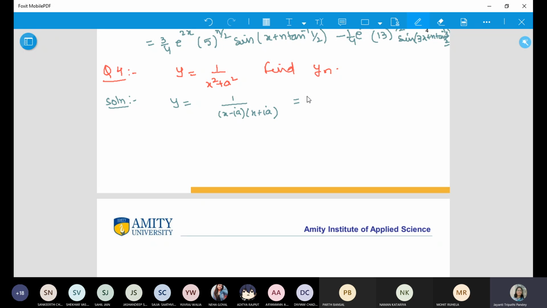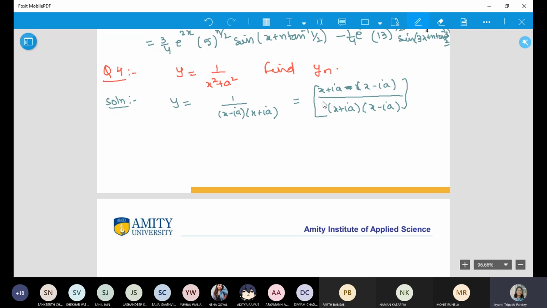So what can I do? See, you can write it as x plus ia minus x minus ia. I'm doing it using adjustment. You can use a upon x plus ia and a upon x minus ia. If you add it, what you are getting? You are getting 2ia as extra. So what I'll do?